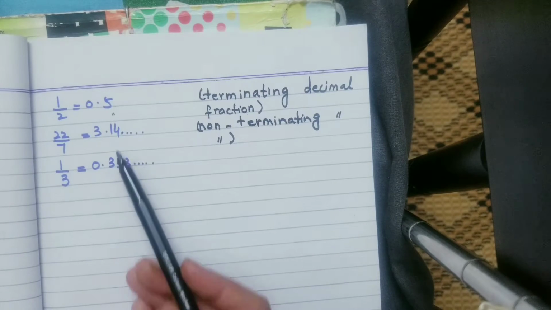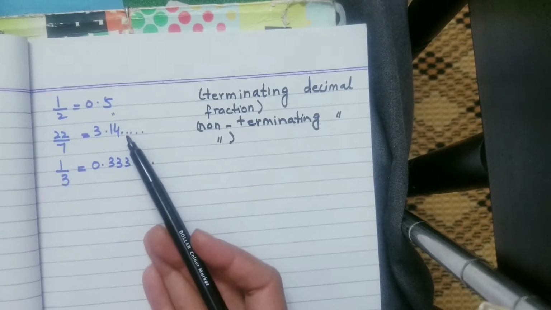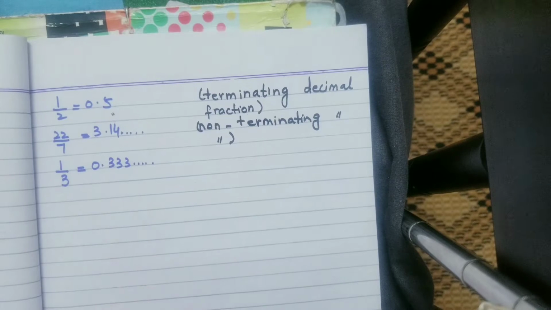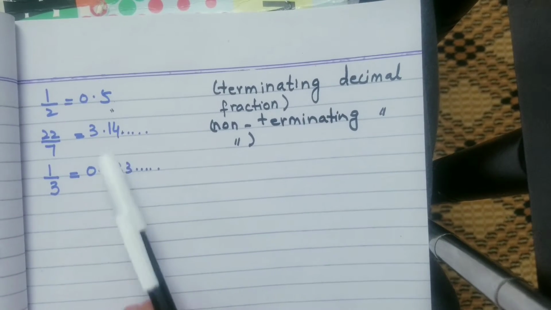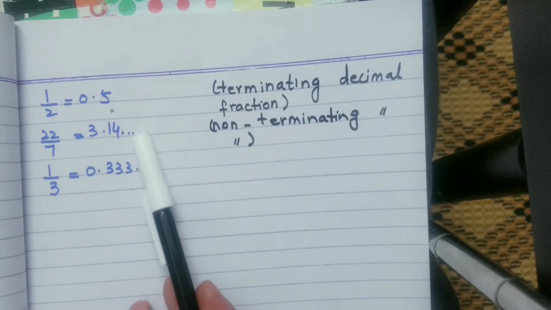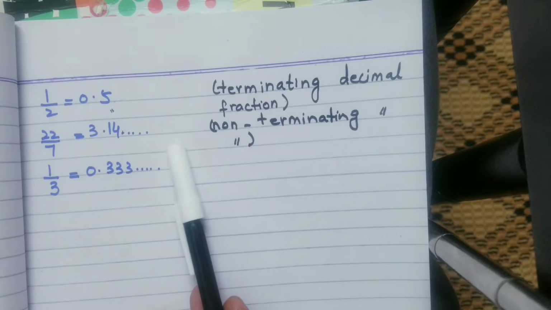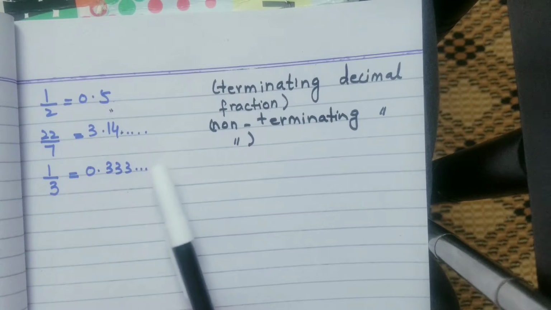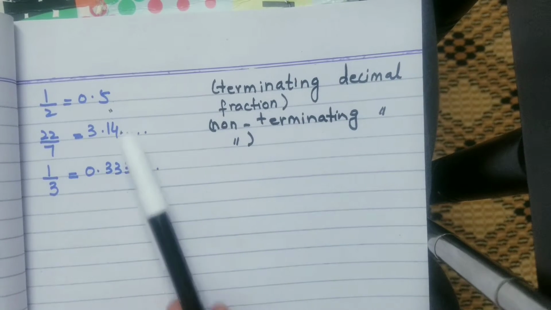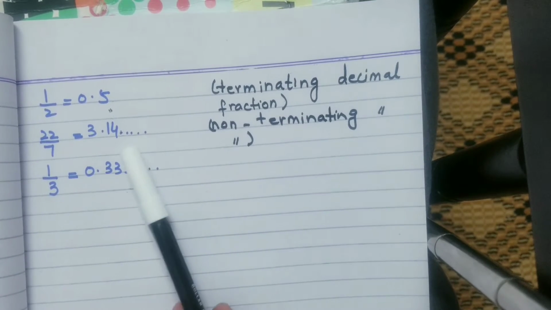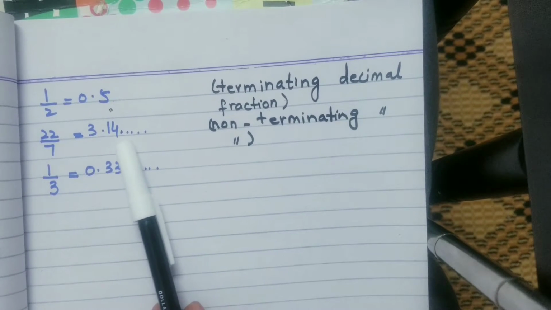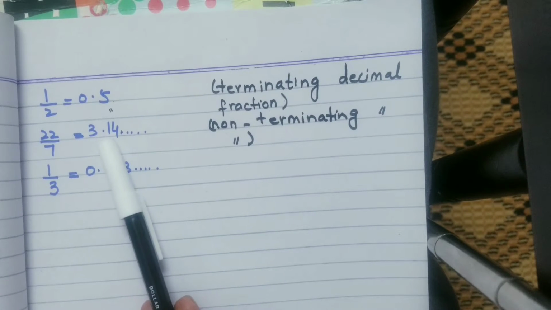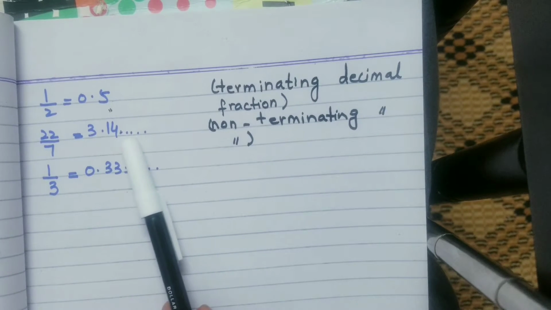But can you tell the difference between these two decimal fractions? What is the difference and what is the similarity? The similarity is that these two fractions are not stopping. They are continuing. But what is the difference? If you notice, the digits after the decimal point are not the same here.